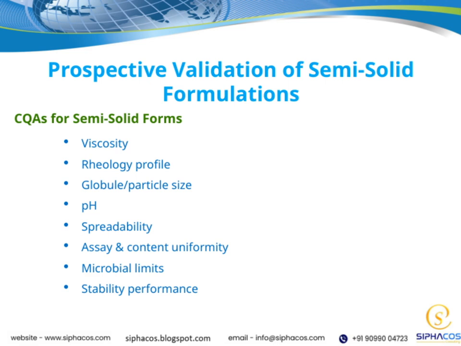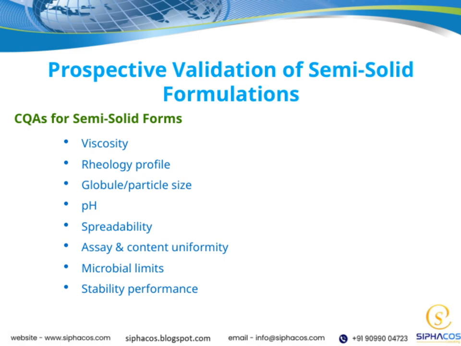pH is another vital parameter. Maintaining the correct pH ensures compatibility with skin or mucosal tissues and stability of the active ingredients. Spreadability is about how easily the product can be applied uniformly, impacting patient compliance. Assay and content uniformity are fundamental to guarantee that each dose contains the correct amount of active ingredient, ensuring efficacy and safety.